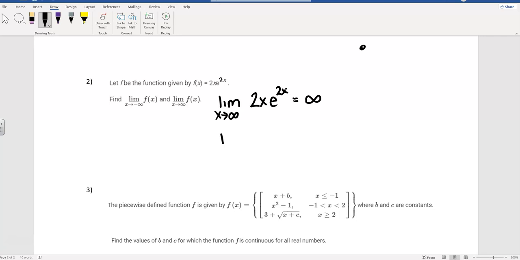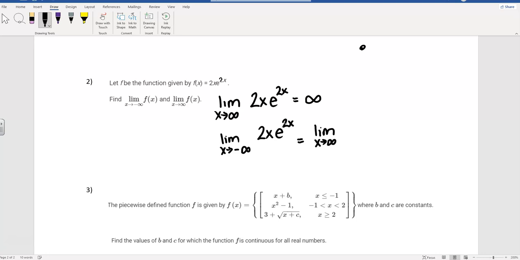But if I'm doing the limit as x approaches negative infinity of 2x e to the 2x. This is that scenario like that last example. I'm doing negative infinity to an exponent, which is going to cause me problems. So instead, the work that you can show on this is rewrite it. Limit as x approaches infinity.